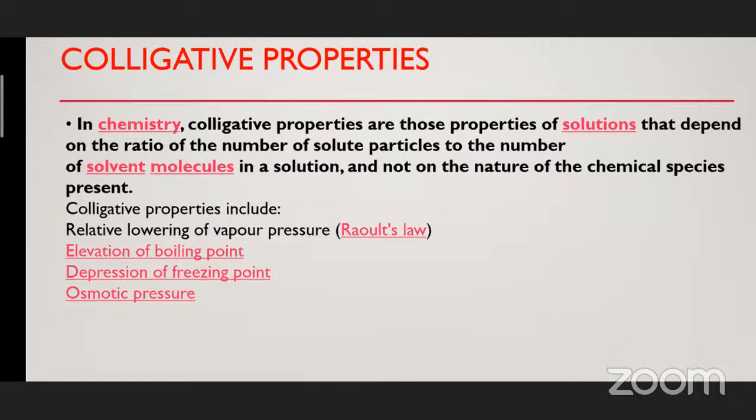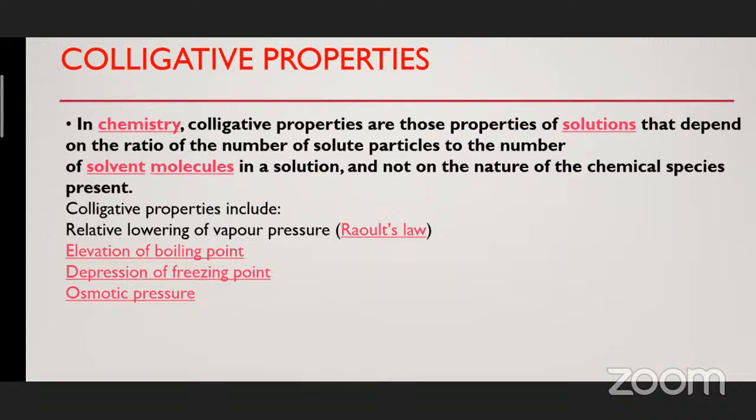Depression of freezing point. Where are we applying this? In the cold countries. During winters, the temperatures fall even to single digits. When the temperatures fall to single digits, there is more chance for liquids to become solids. That means they are freezing. Liquid becoming a solid is called freezing, right?